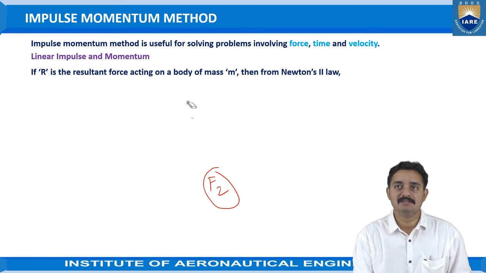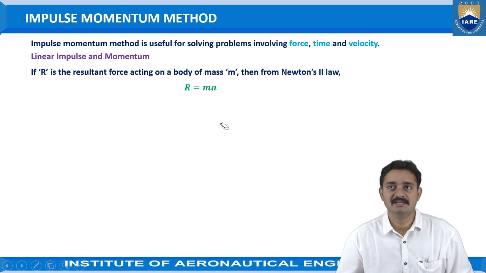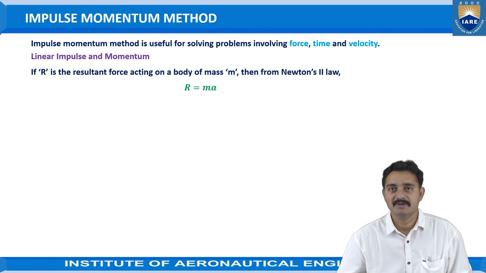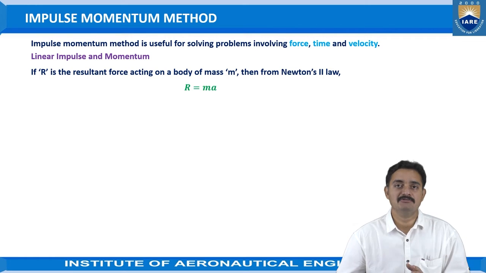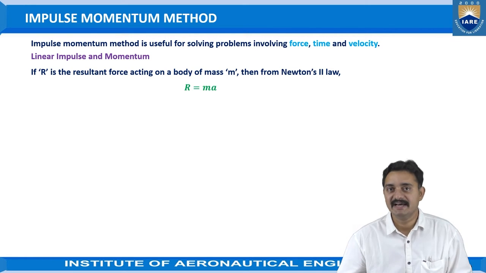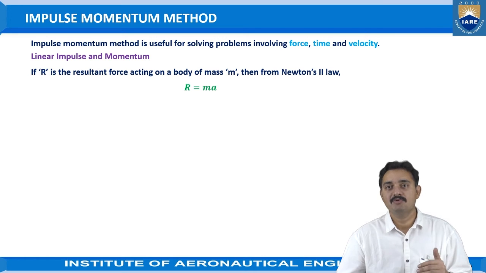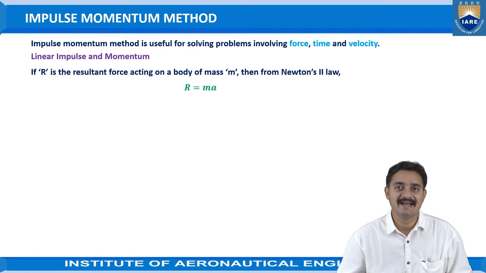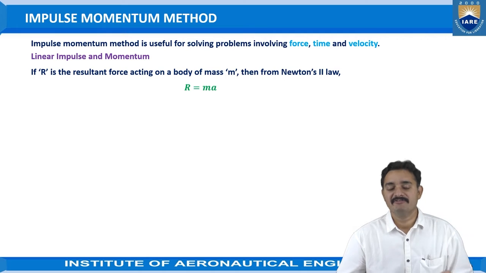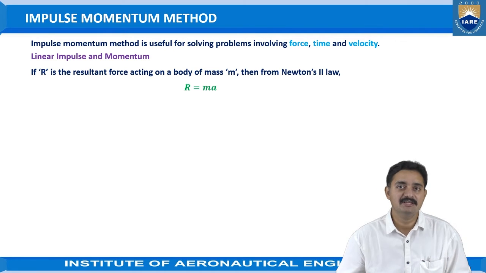Then from Newton's second law, we can say R is equal to ma. That means force is equal to the product of mass and acceleration. We have replaced all the forces that are acting on a body with the resultant.